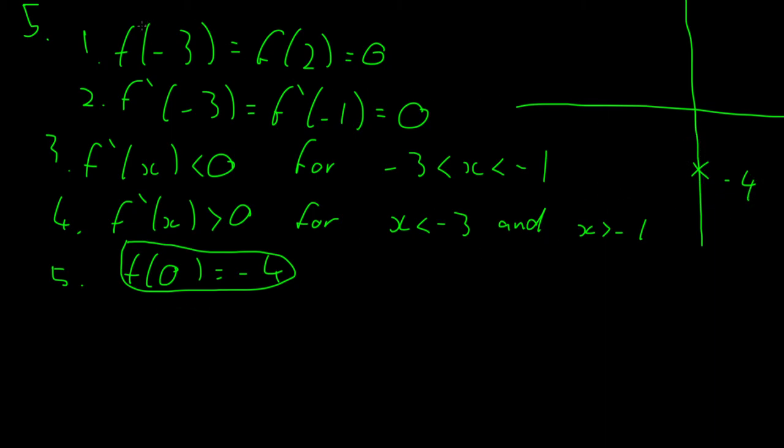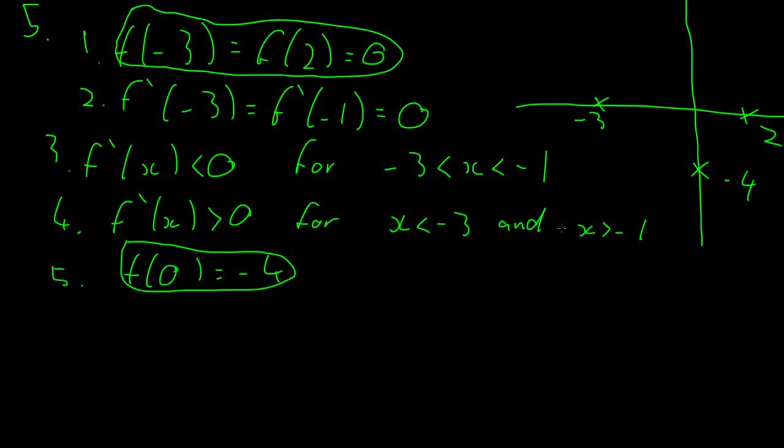The next bit of information gives us our x-intercept. It means when this function is evaluated at minus 3 and minus 2, the y value is 0, so if we put a point at minus 3 and 2, we've already got our x and y intercepts.